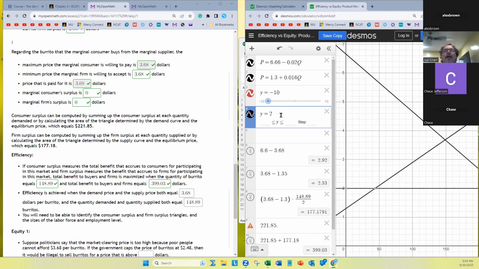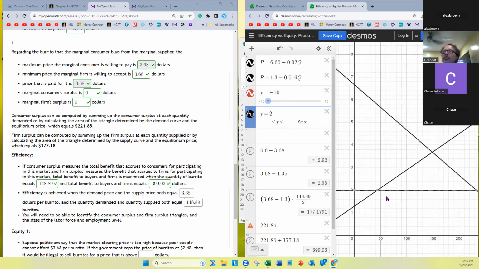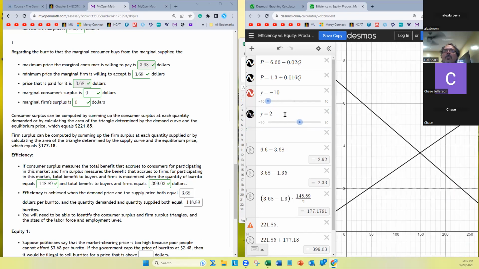Okay, so when the price is 2, you can't see it. When the price is 2, does the quantity demanded equal the quantity supplied? No, right? If the price were 3, is the quantity supplied equal to the quantity demanded?